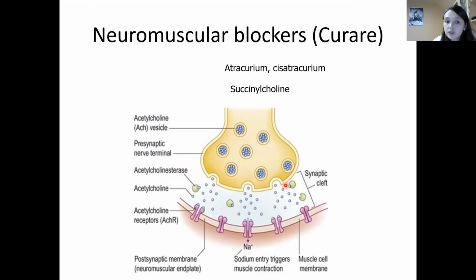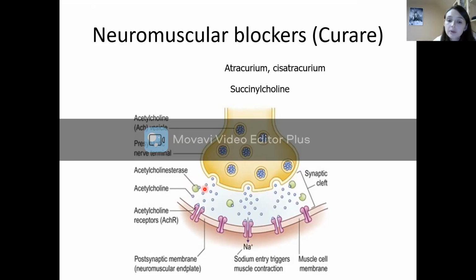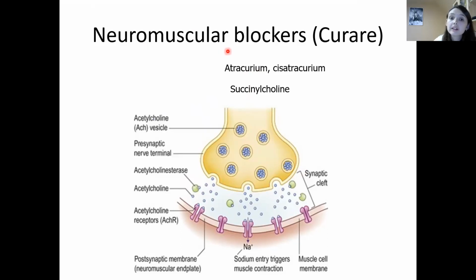It will be destroyed further by acetylcholinesterase, so we will not receive the excitatory effect on the postsynaptic membrane. Examples of such drugs are atracurium or succinylcholine. These drugs are neuromuscular blockers, which block nicotinic receptors in the postsynaptic membrane.